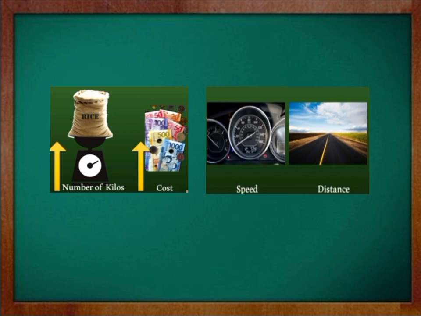So, ikumpara natin sa mababang speed na iyong gagamitin sa loob ng 3 oras. Kapag mas mababang speed na iyong gagamitin, ibig sabihin, mas lesser yung distance na iyong mata-travel. So, that's also one example of a direct variation.